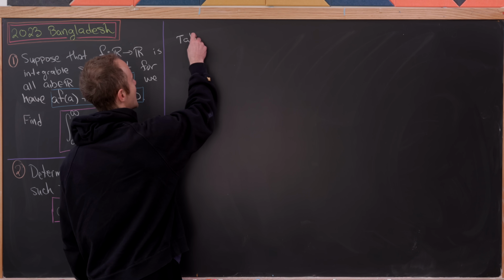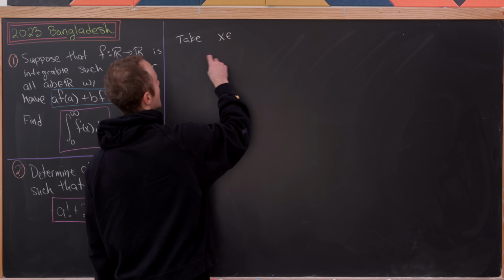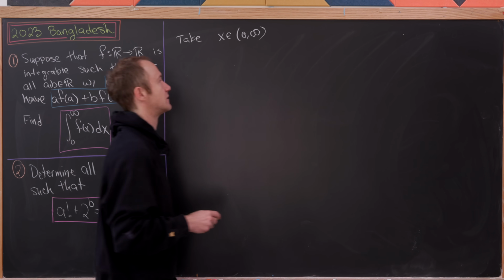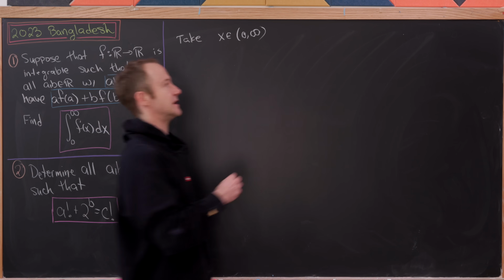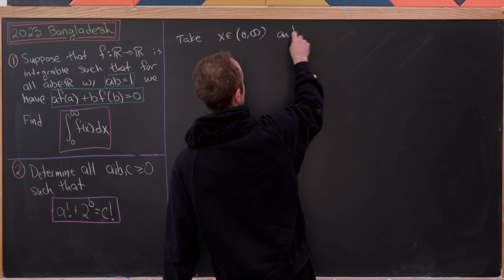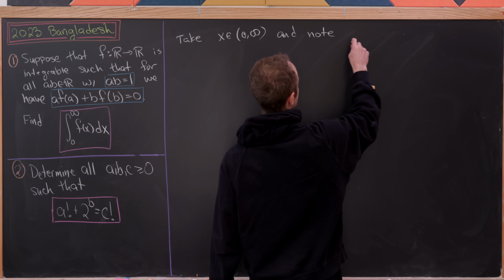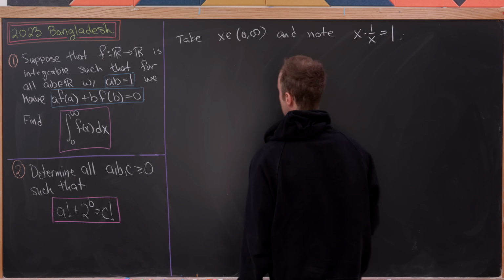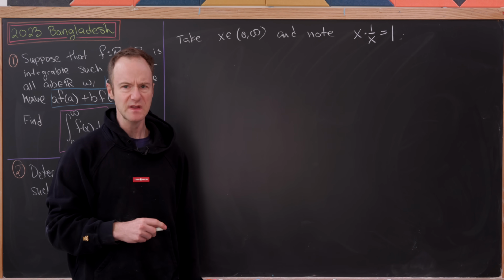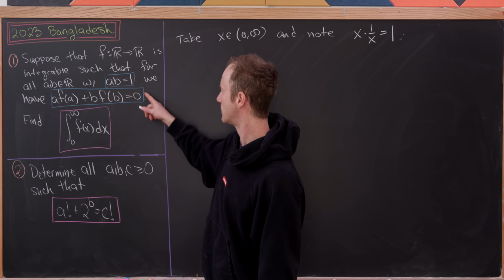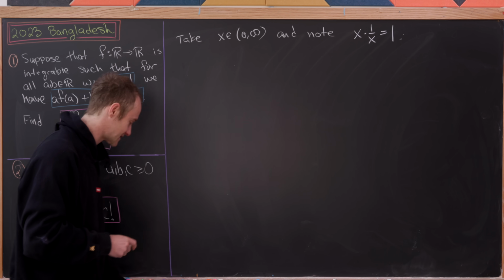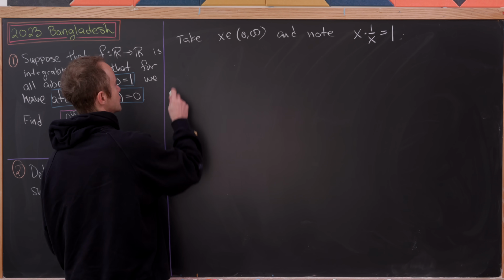Let's take any positive real number. I'll say that's a real number on the interval from 0 to infinity. Let's note that if we take x times 1 over x, we simply get the number 1. Now I want to look at this blue boxed condition where a is equal to x and b is equal to 1 over x.